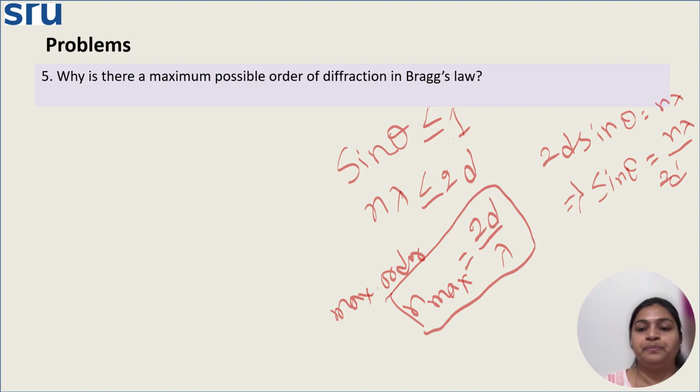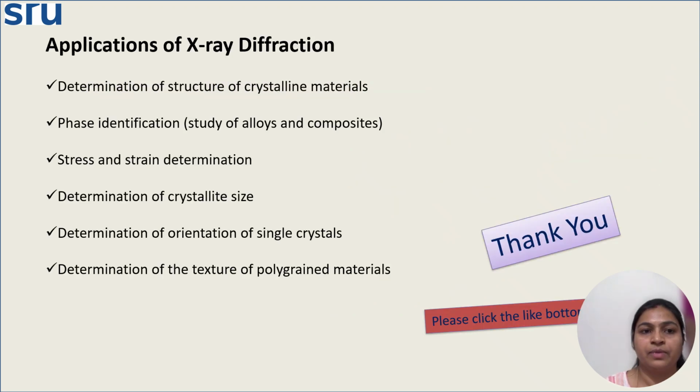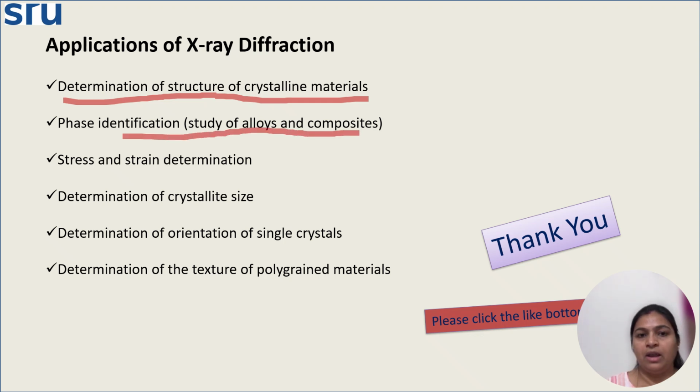Now we will just summarize the applications of X-ray diffraction. It is used for the determination of crystal structure first, and then phase identification. So it can be used to study various materials including alloys and composites.